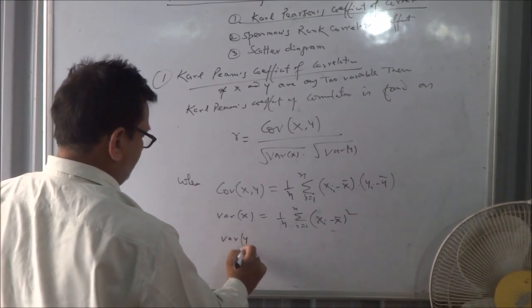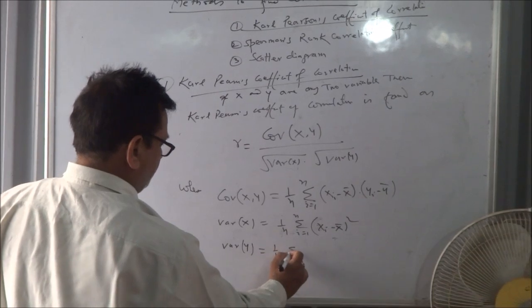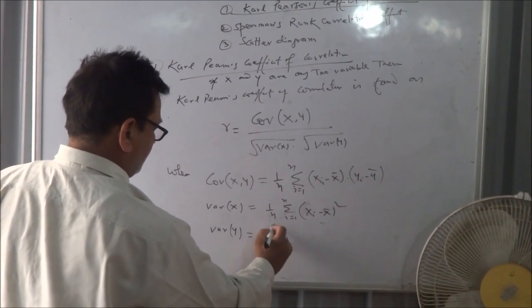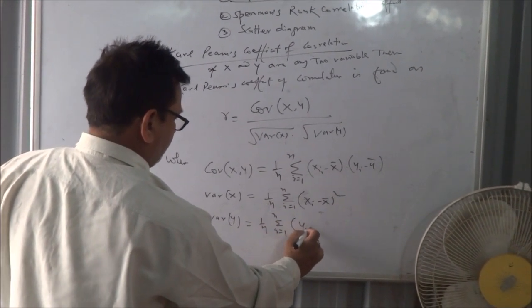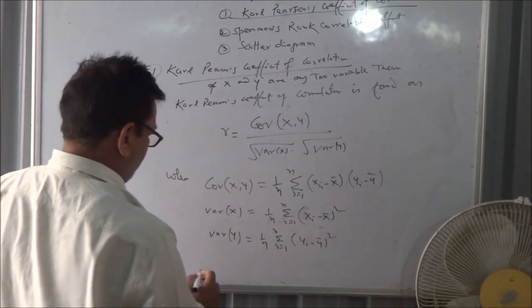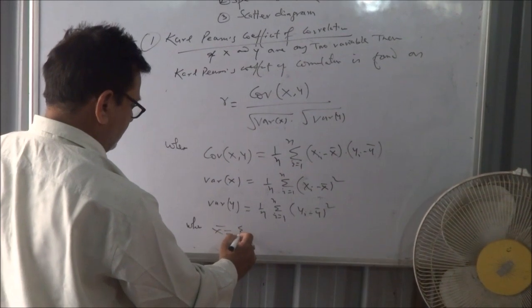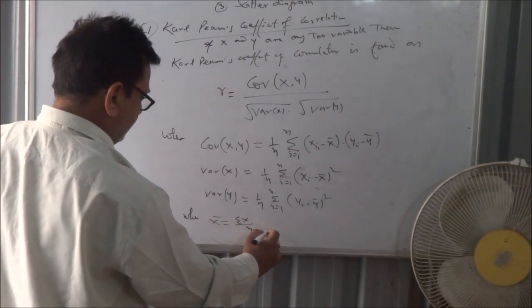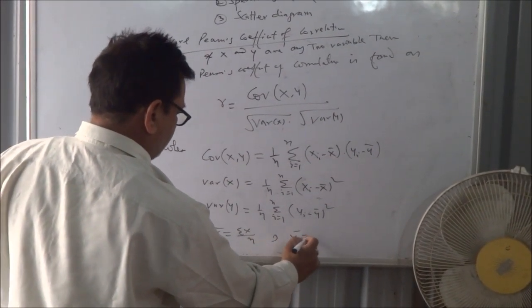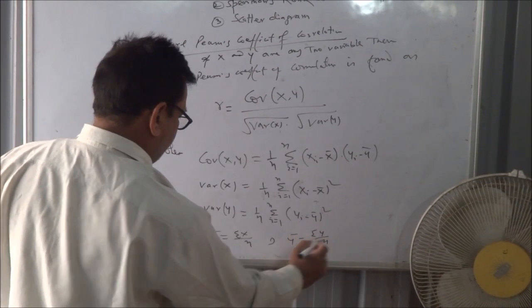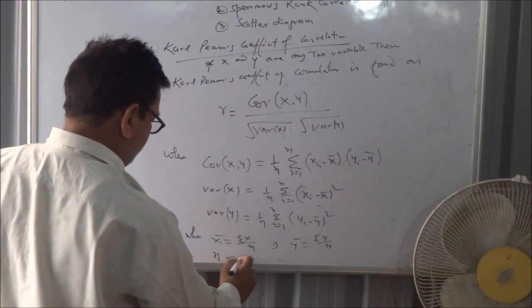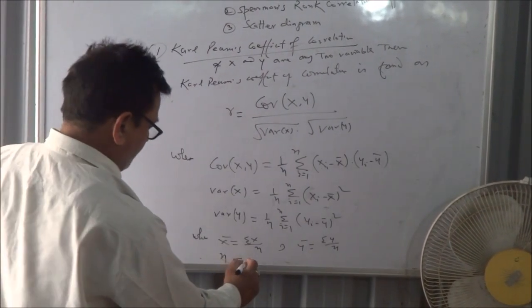Similarly, variance of y, 1 upon n summation i varies from 1 to n yi minus y bar its whole square, where x bar is the mean for x series, summation x upon n, and y bar is summation y upon n. N is the number of observations in each pair.